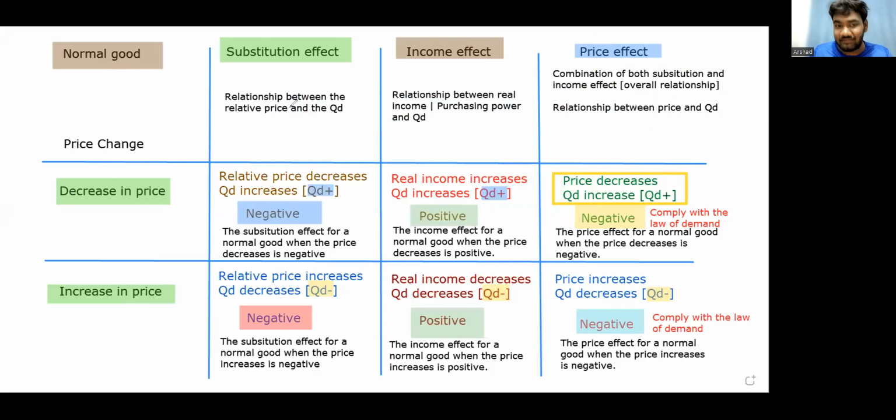The substitution effect is also saying QD is increasing, and the income effect is also saying QD is increasing. So this is correct, because the price effect is a combination of both. Does that make sense? So when price decreases, QD is increasing, complying with the law of demand. Take some time, guys.